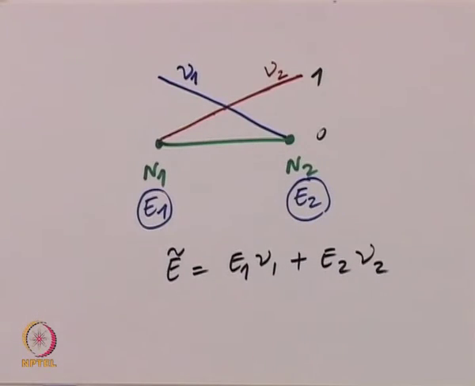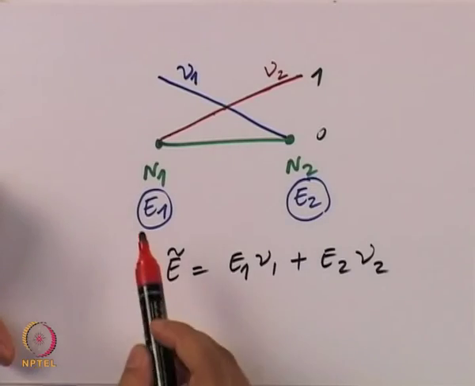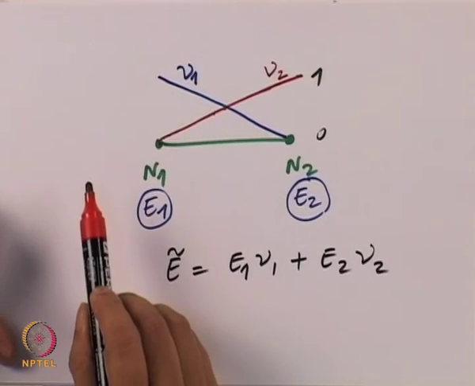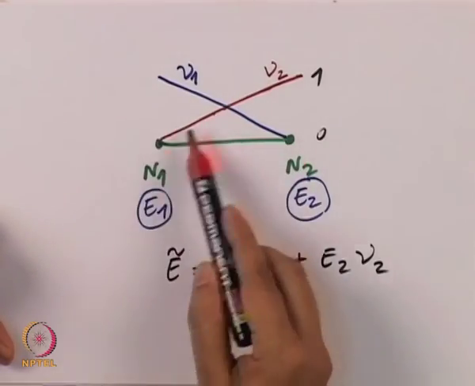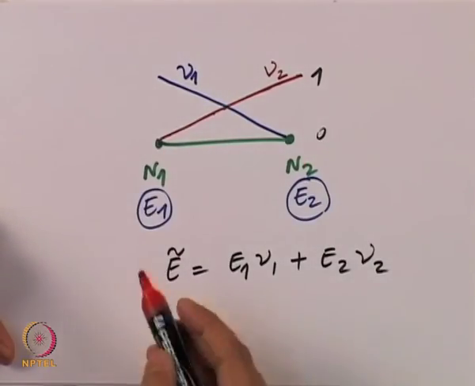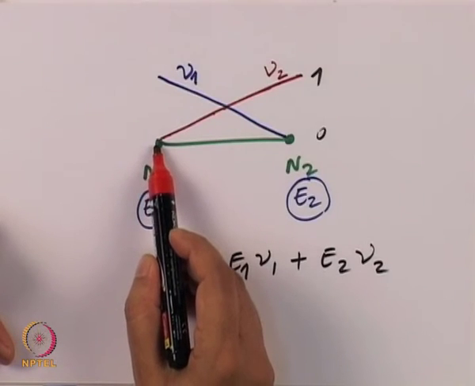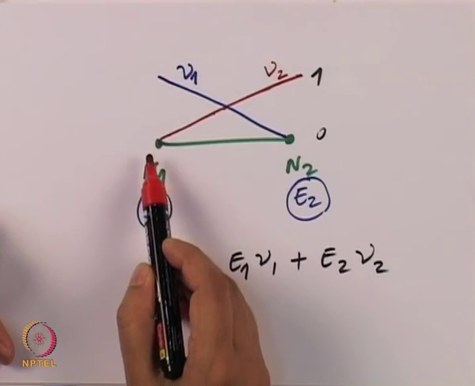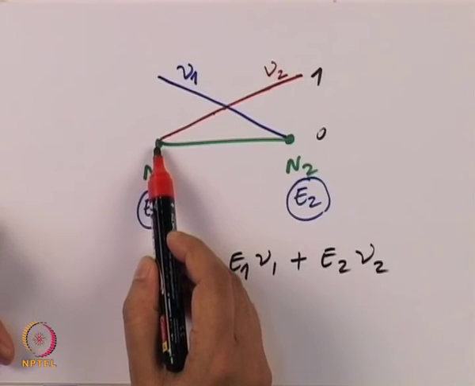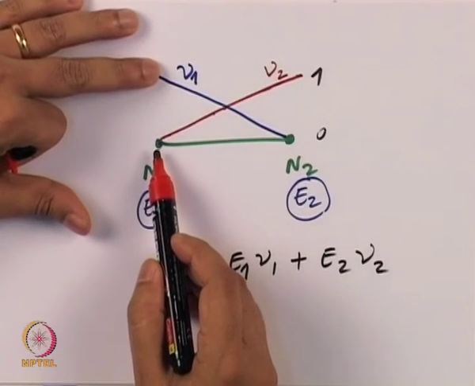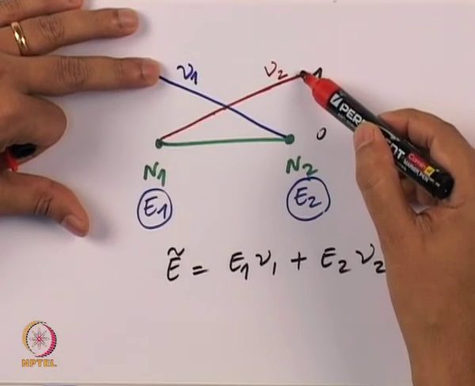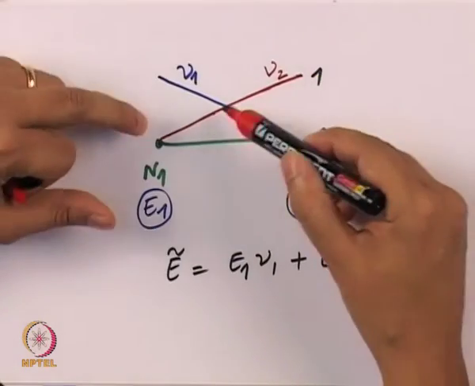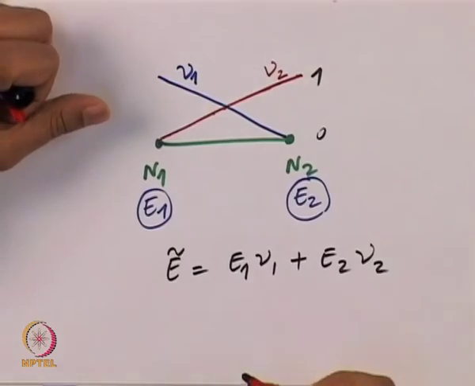So how do I know what is happening? There is a contribution that is going to come from this basis function and this basis function. When I am at this particular node, the contribution of this basis function is going to be the maximum. When I am at this point, the contribution of this other basis function is going to be the maximum, and the other basis function is going to change accordingly.